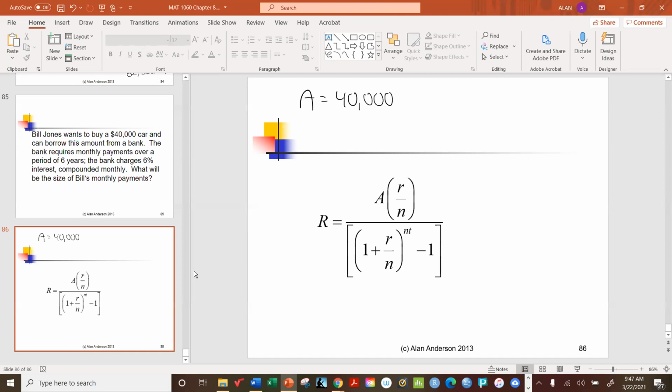And R is 6. And N is 12. And T is 6. All right. So why don't you give that a shot?